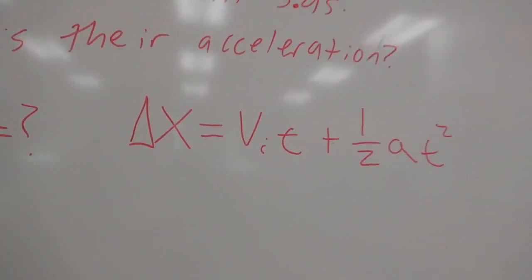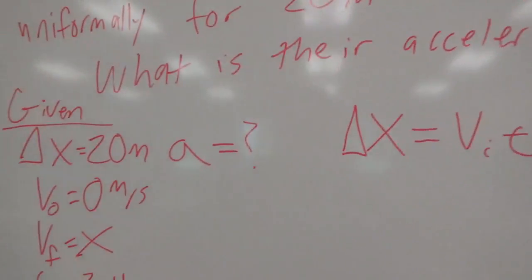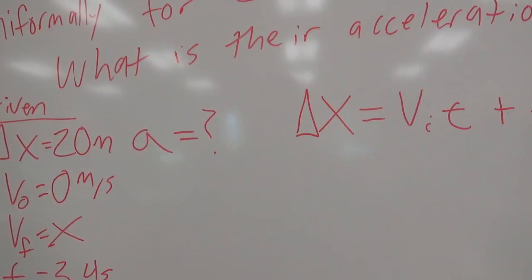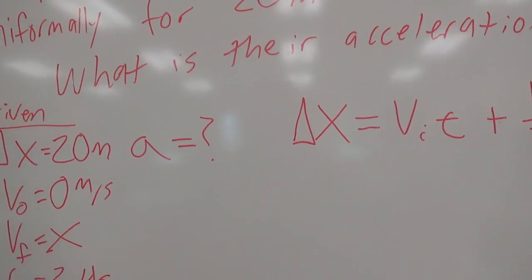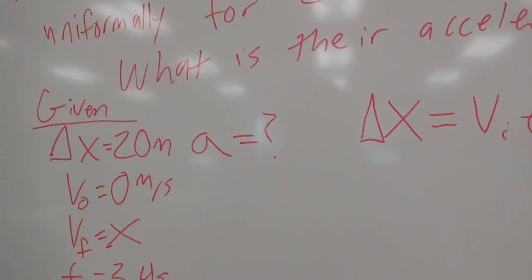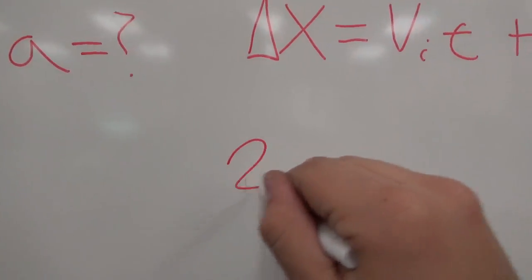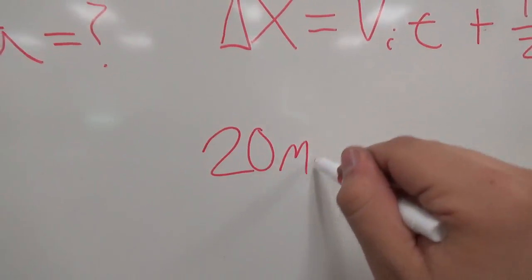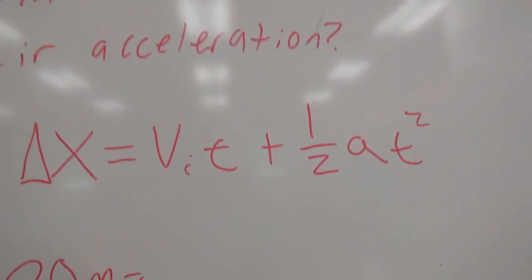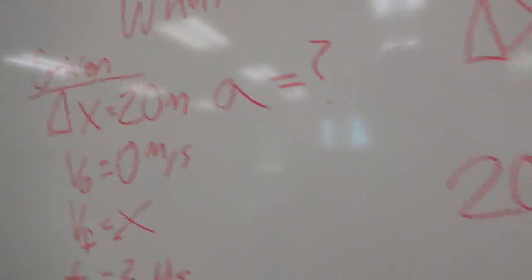Okay? So, then I plug things in part by part. So, my delta x, my displacement, is 20. The initial velocity, my initial velocity is 0.